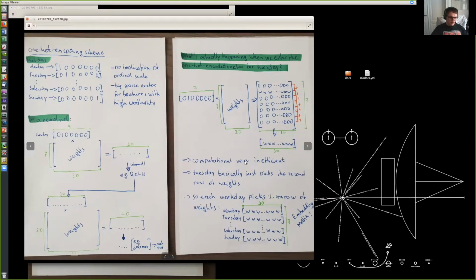And so you can use this weight matrix as an embedding matrix, and later on really just pick this row. I kind of understand this as a computationally efficient little neural network you put in front of your actual neural network.